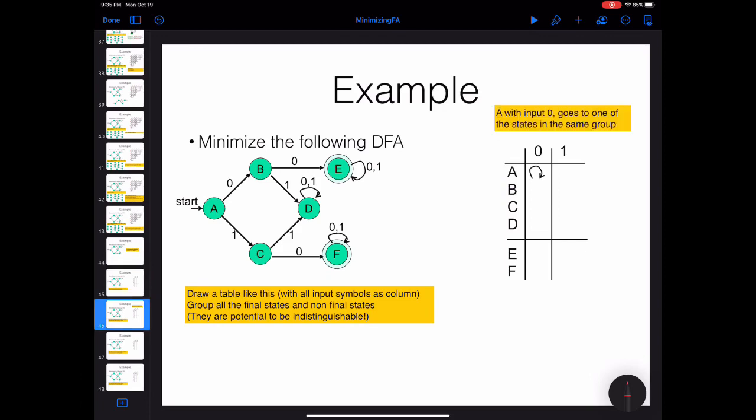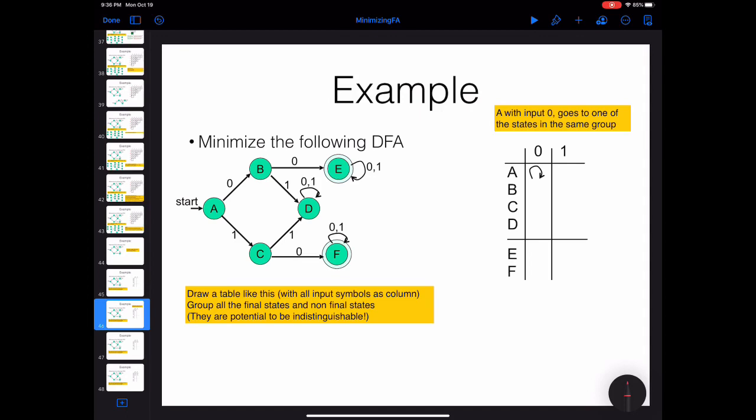So the first thing to check is, that's why you can see in this table that I drew, I have two groups. I am showing all the states in each group, and I am drawing some columns corresponding to all possible inputs. Here the alphabet is binary, so I just have two columns, 0 and 1.